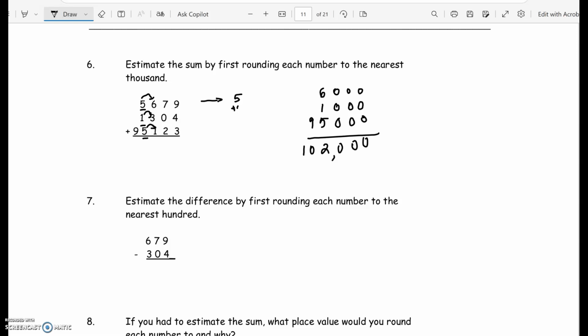Now let's see. 9 plus 4 is 13, plus 3 is 16. 7 plus 1 is 8, 8 plus 2 is 10. 6, 7, 8, 9, 10, 11.